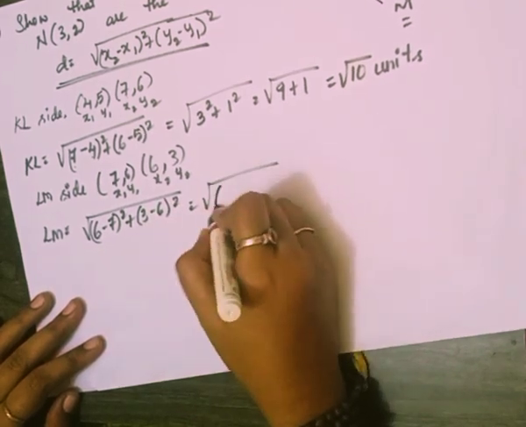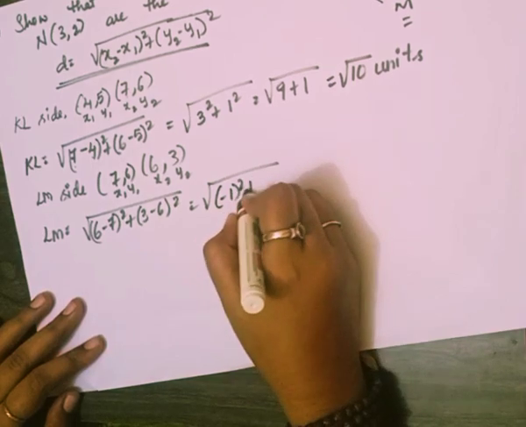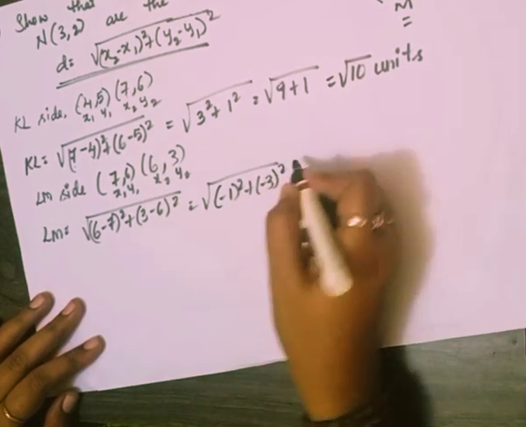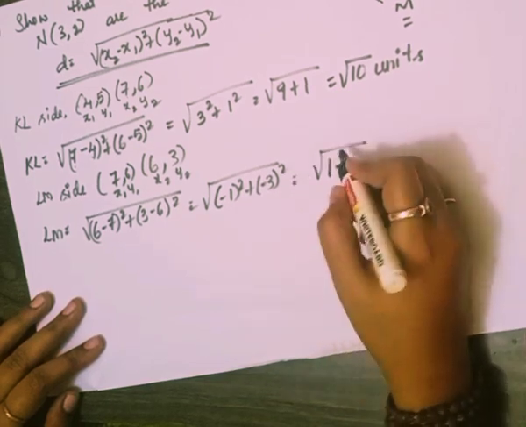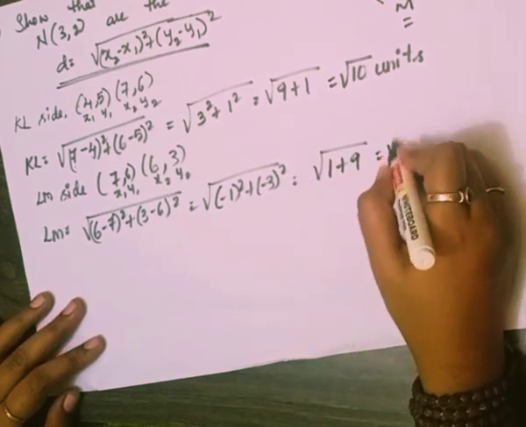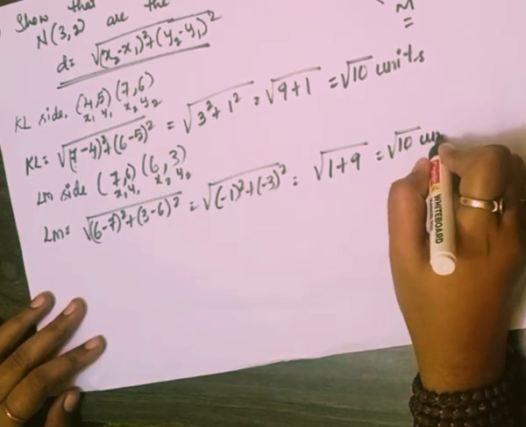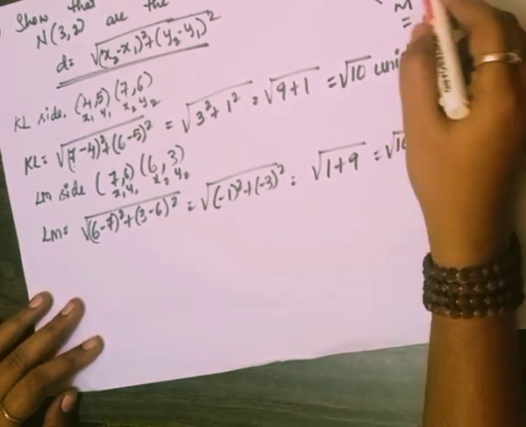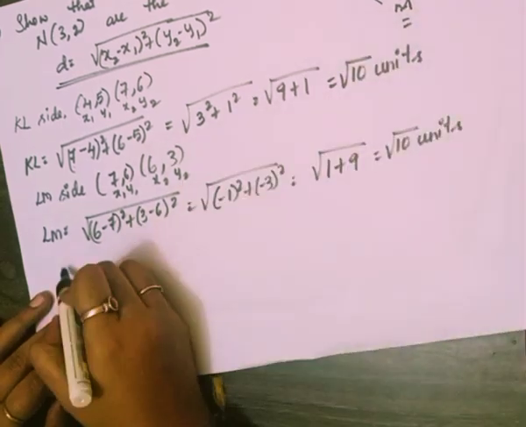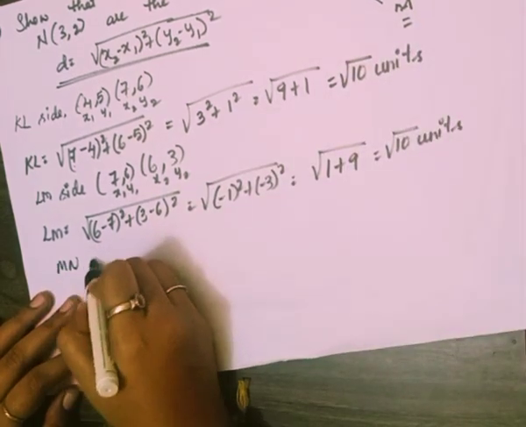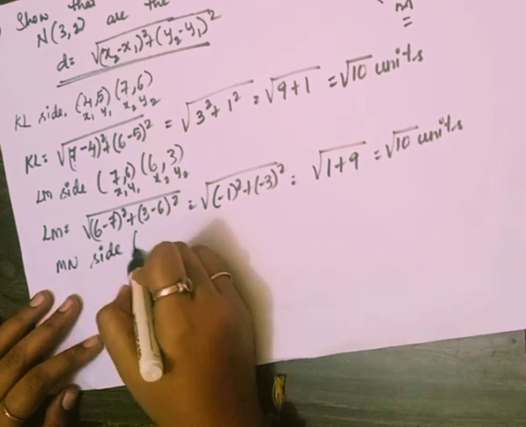So by subtracting, what will I get? Minus 1 whole square plus minus 3 whole square. What's minus 1 whole square? That is 1 only. Minus 3 into minus 3, I'll get plus 9, that is square root of 10 units. Next, after KL and LM, we'll go with MN. So MN side, what's the M value we have?